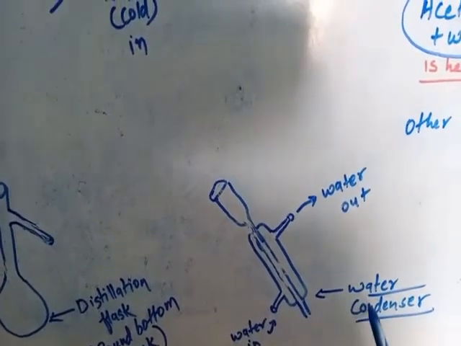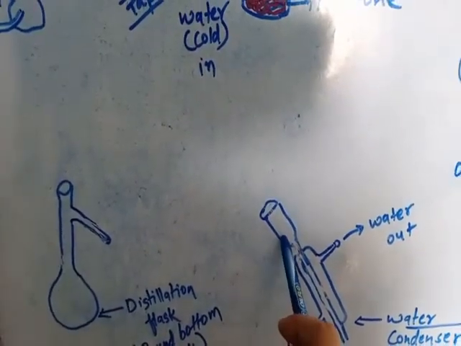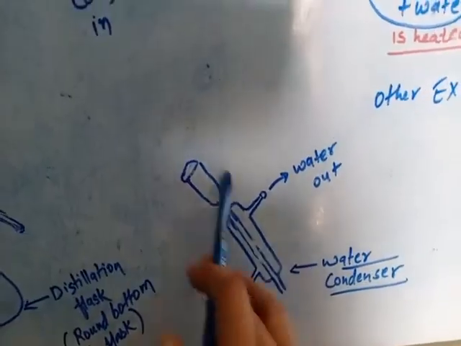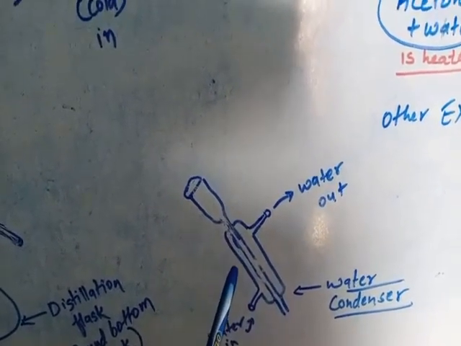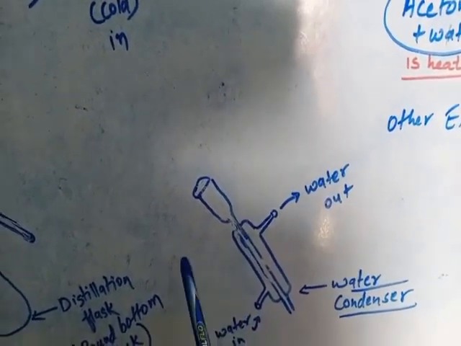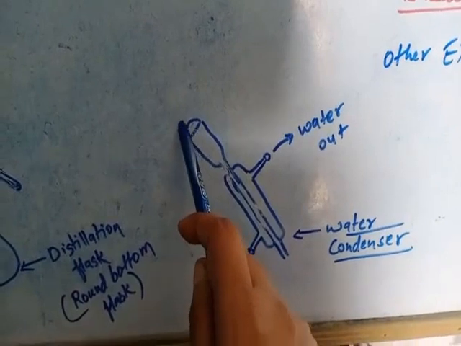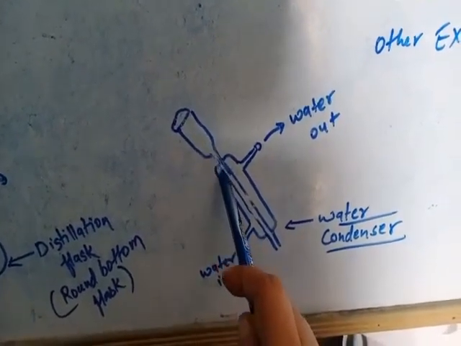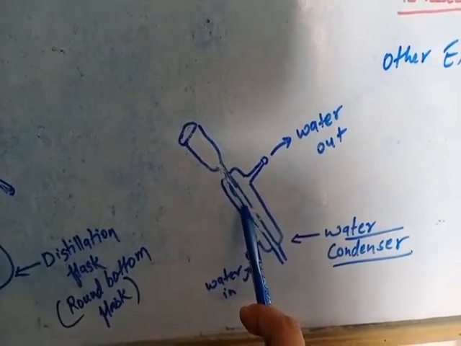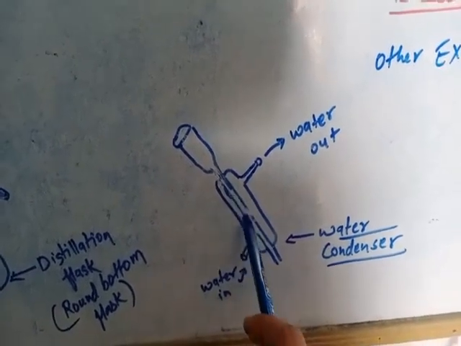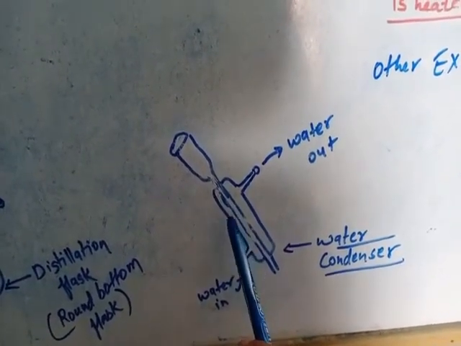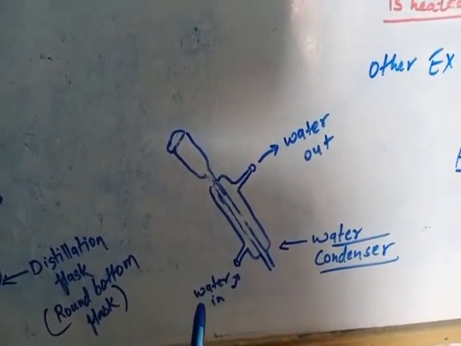This is called the condenser tube, and it is fixed to this tube through a cork here. So this is called the water condenser, where the vapor of the acetone liquid will come through this way and get condensed in this water condenser tube and convert itself into liquid state.